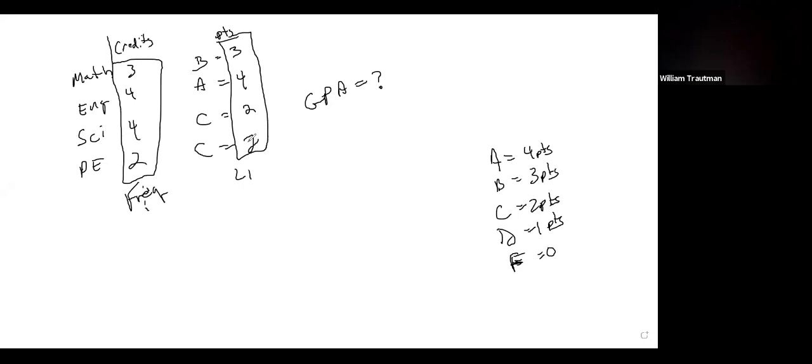And then B, I'm calling my frequency list, so I know that it's frequency. FR. And frequency is 3, 4, 4, 2.